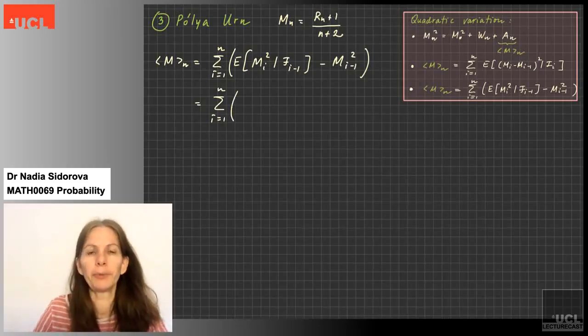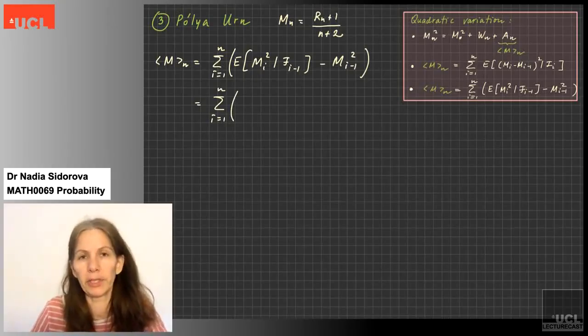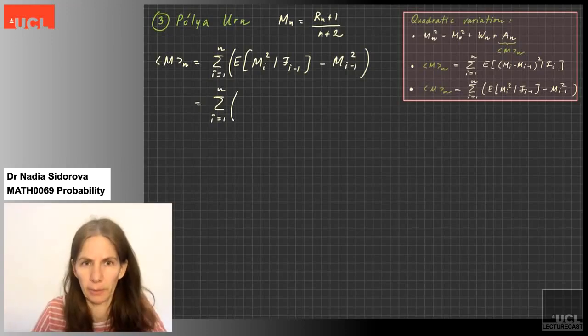So how do I compute the first conditional expectation? What is the expected value of M_i squared?